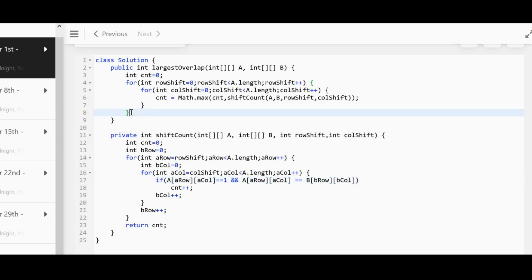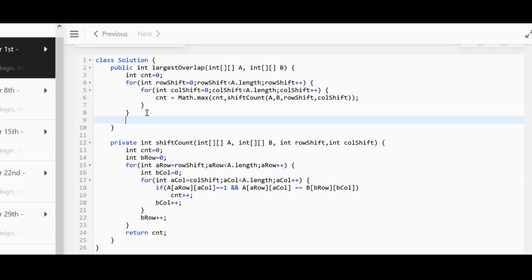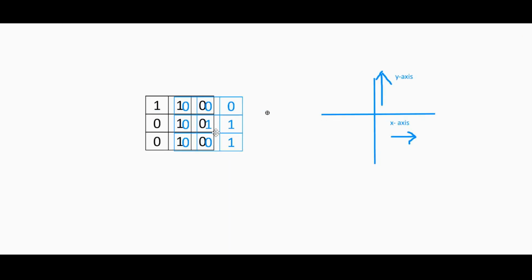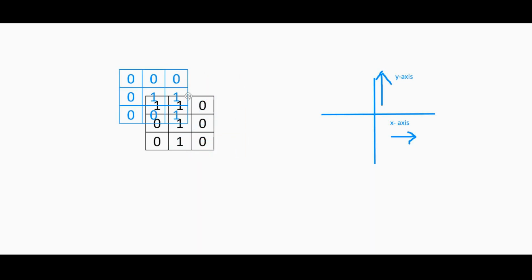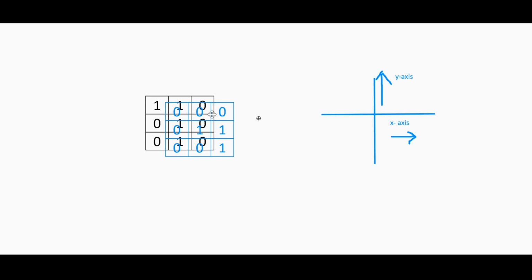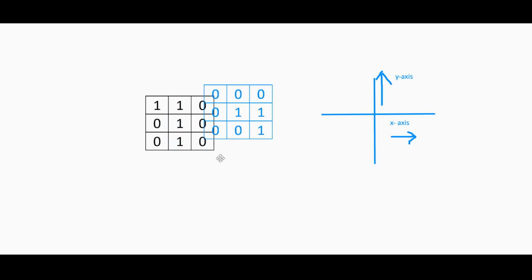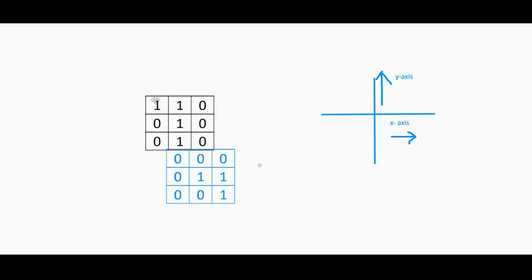So once this is done, now here, as we said, we are only moving right and to the bottom, but we also need to move to top and left, right? So as I said earlier, it's same as swapping the matrix, and instead of passing this as a shiftable matrix and keeping the black one as fixed, we can shift the black matrix and keep the blue one as fixed, right?